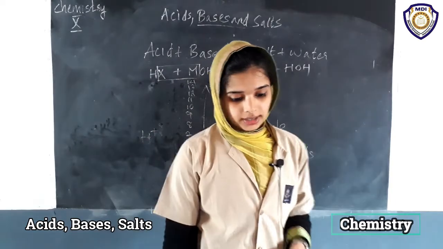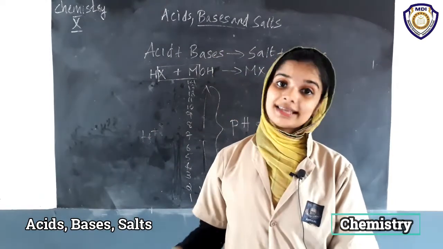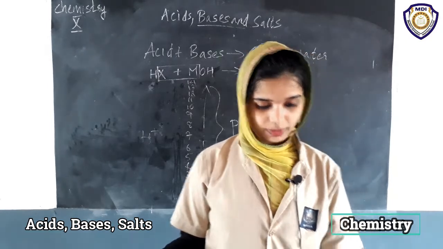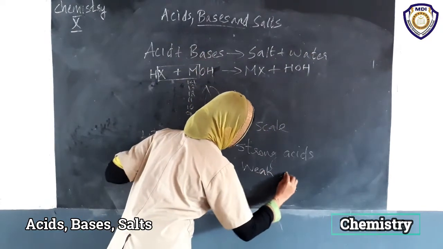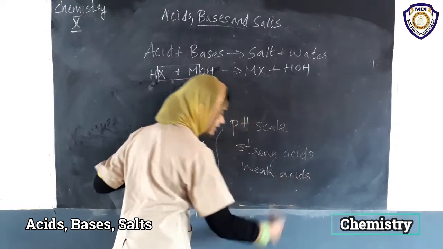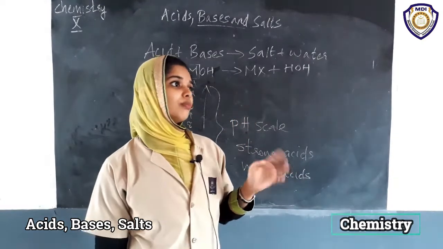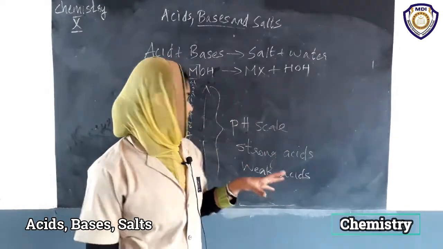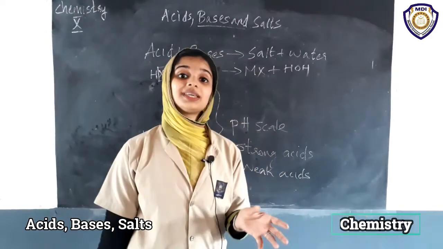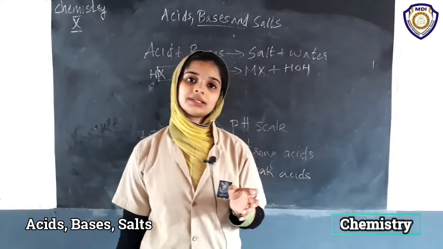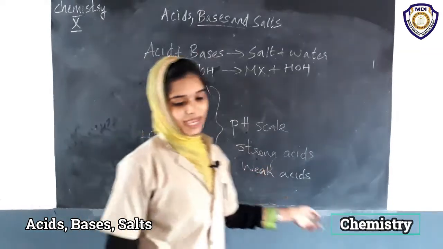And the acids that give fewer H plus ions are said to be weak acids. In the case of bases, the bases that give more OH minus ions are called strong bases, and the bases which give fewer OH minus ions are weak bases.